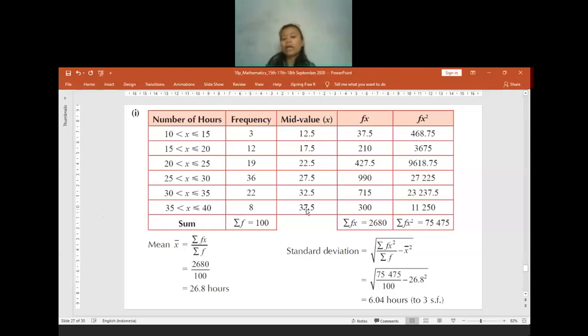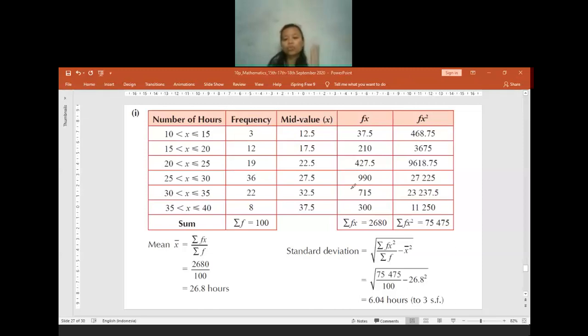For each value, you have to find the midpoint first. After you find the midpoint, remember that for finding the mean we need to use the formula sigma fx divided by sigma f. That's why I need to find the fx here. Fx means the frequency multiplied by the mid value or midpoint. So 3 times 12.5, I get 37.5.